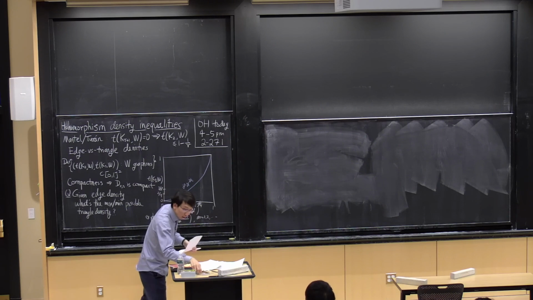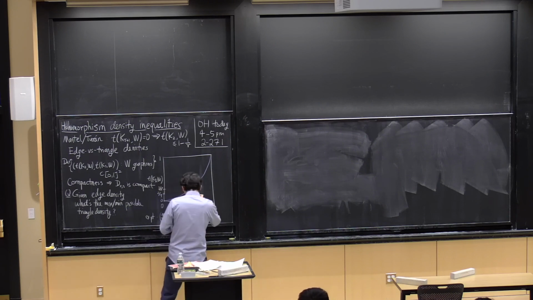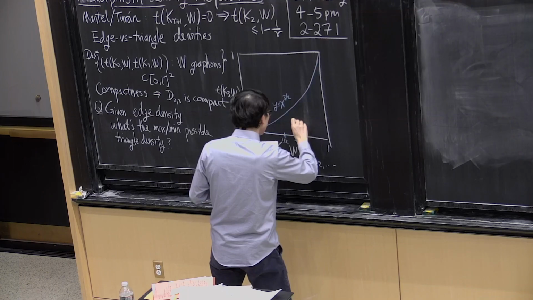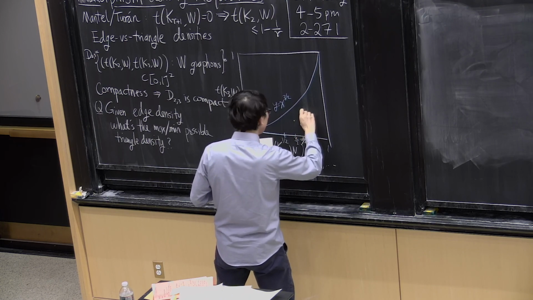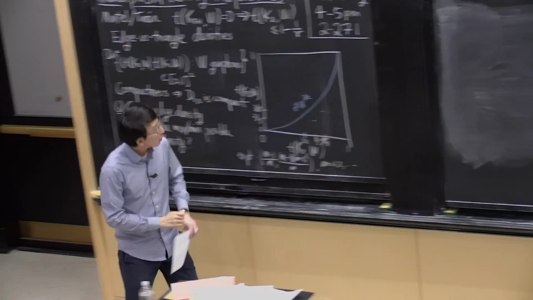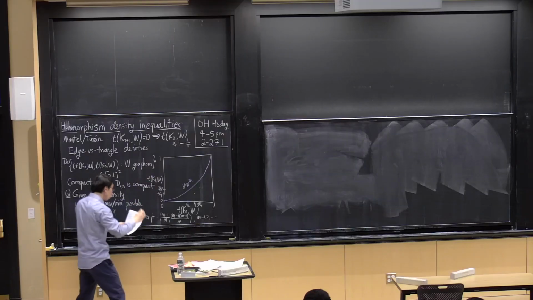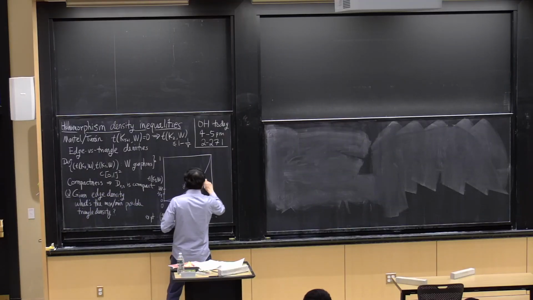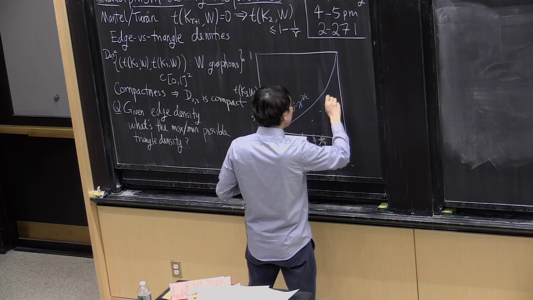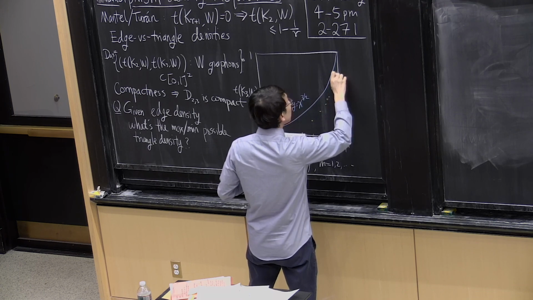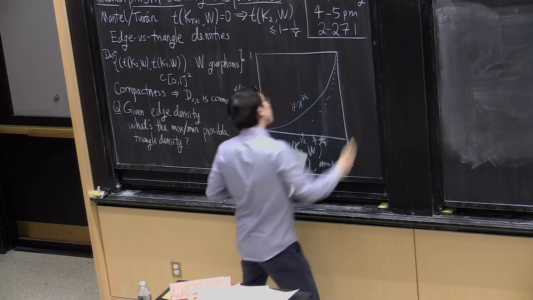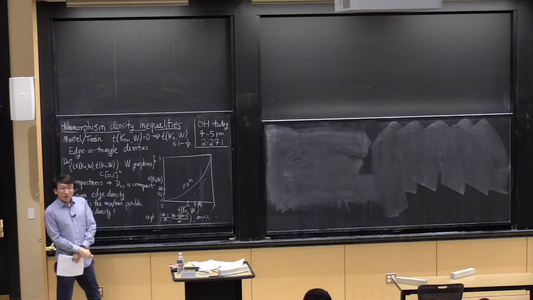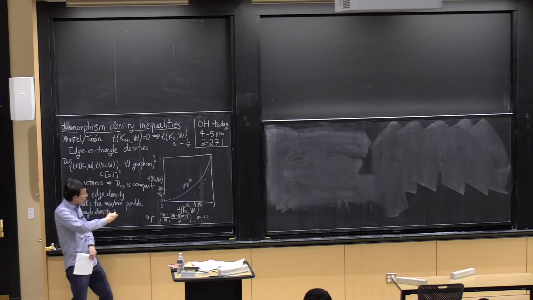Okay, so let me show you where these points are. So they are at here and over there. And you have this sequence of points going up. So this is the convex hull.